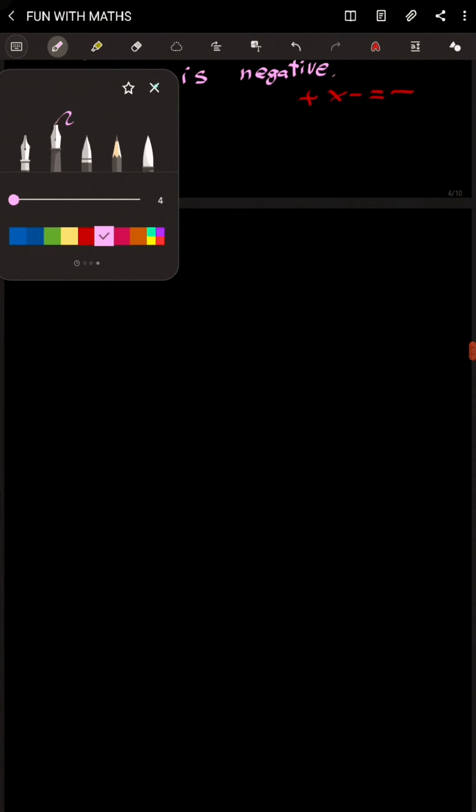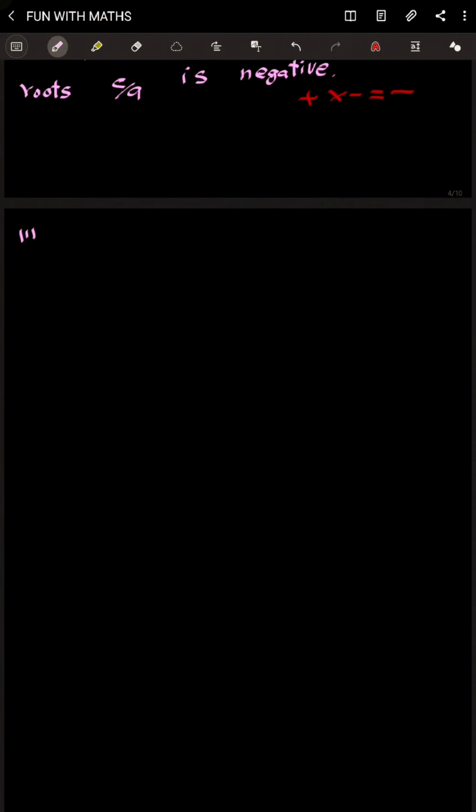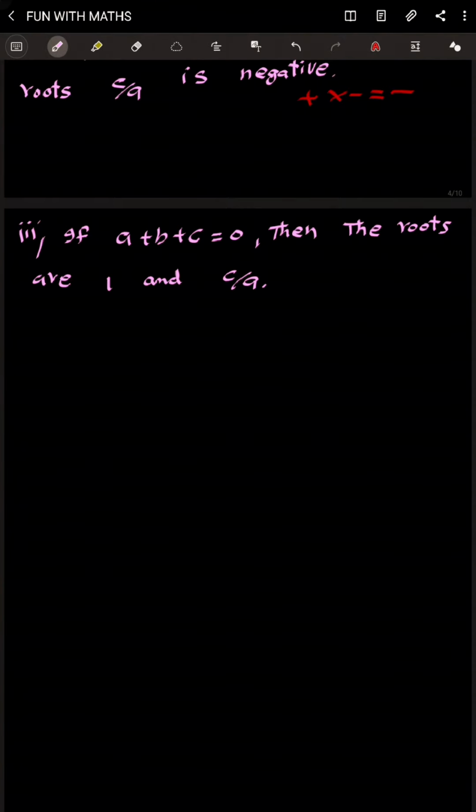And moving on to the next case, if a plus b plus c equal to 0, then the roots are 1 and c by a. So if a plus b plus c is equal to 0, then the roots are 1 and c by a. Next one, case number 4.